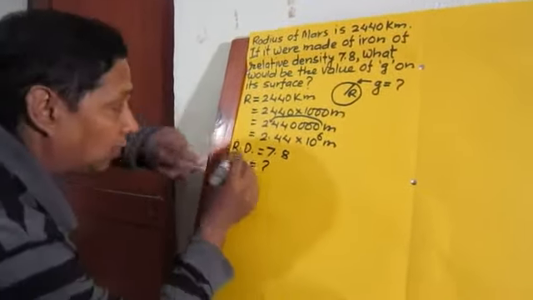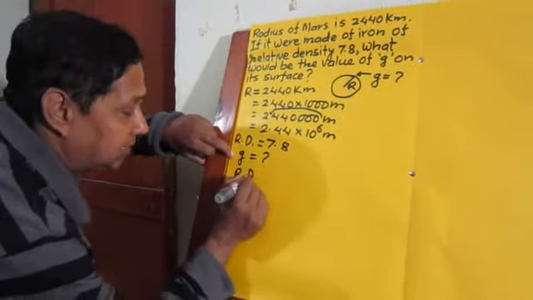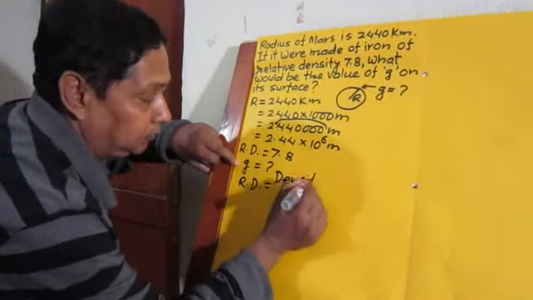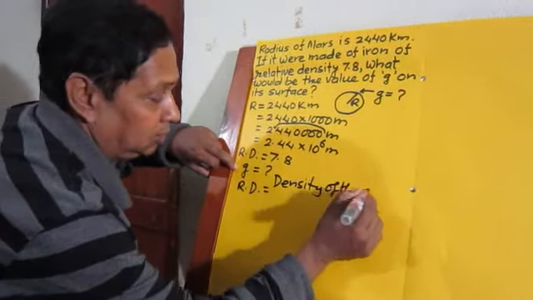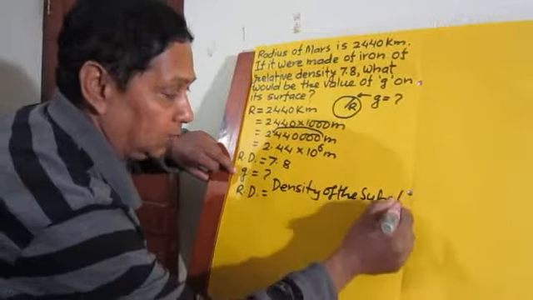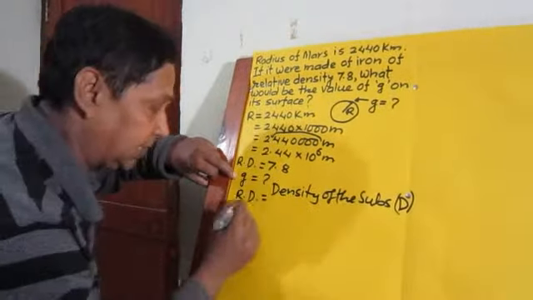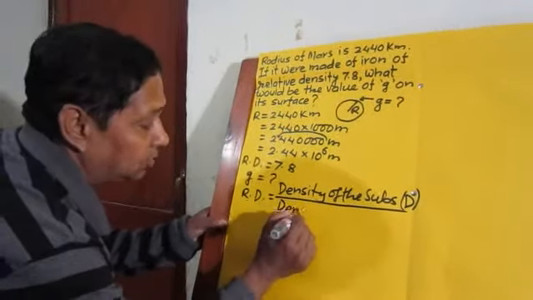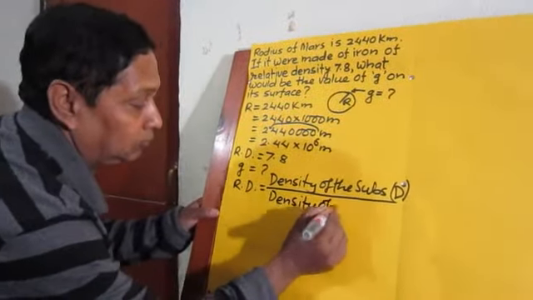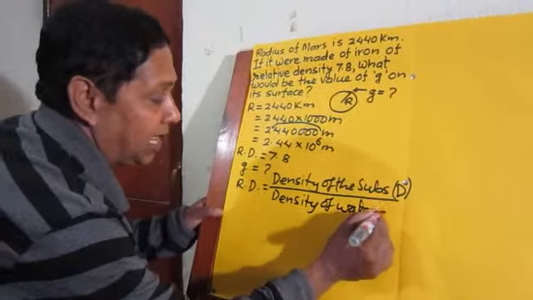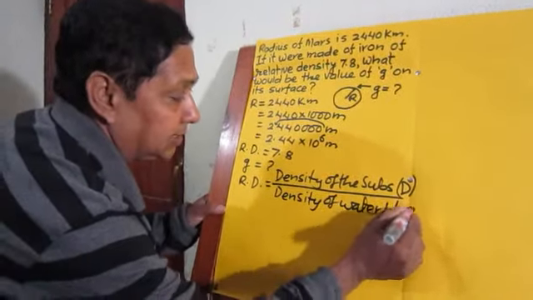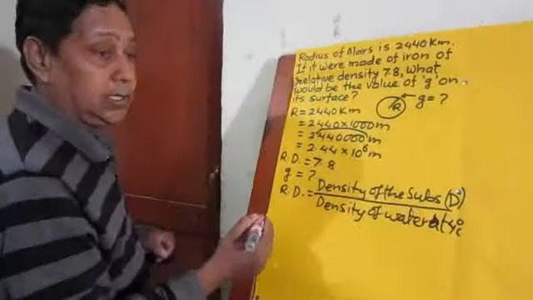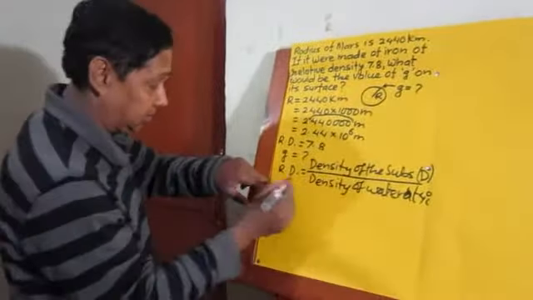Now, what we know, relative density is equal to density of the substance, which can be denoted by D, upon density of water at 4 degrees Celsius. I am going to convert relative density into normal density in SI system. That's why this equation is taken.